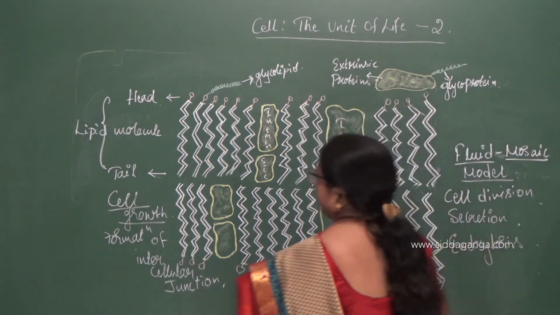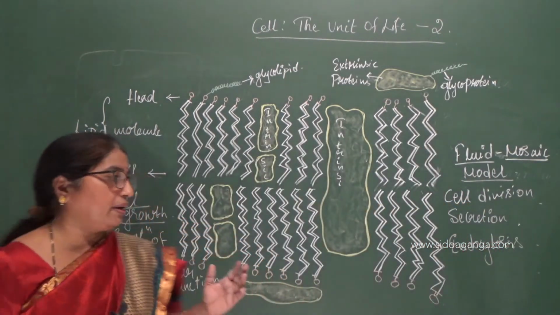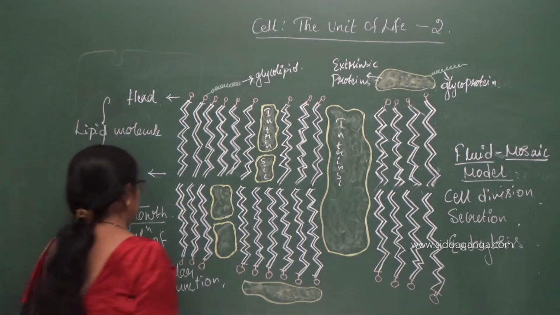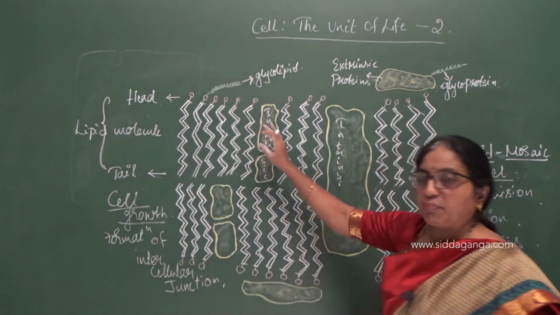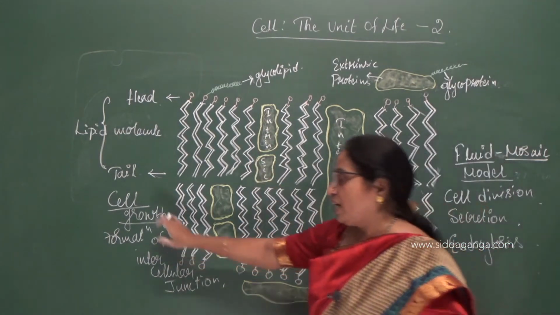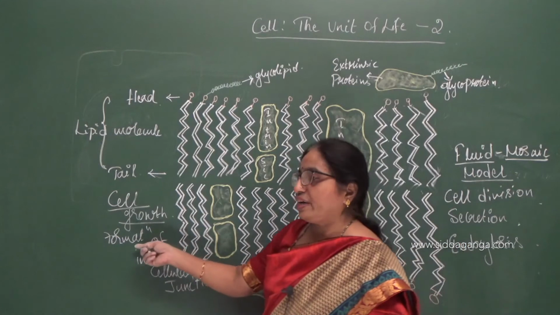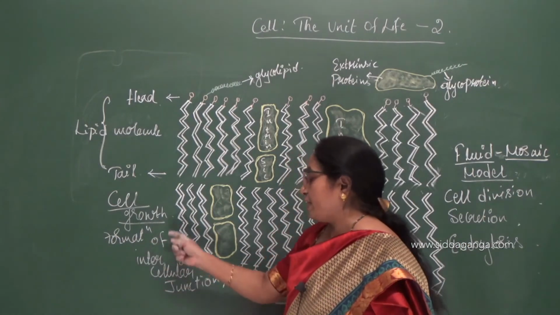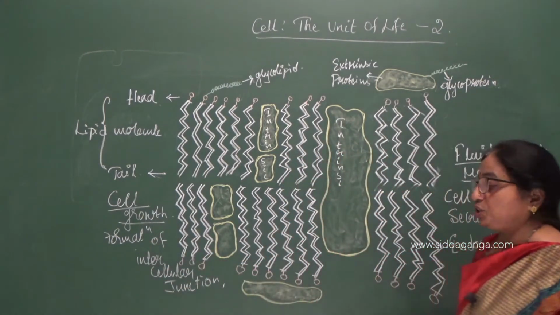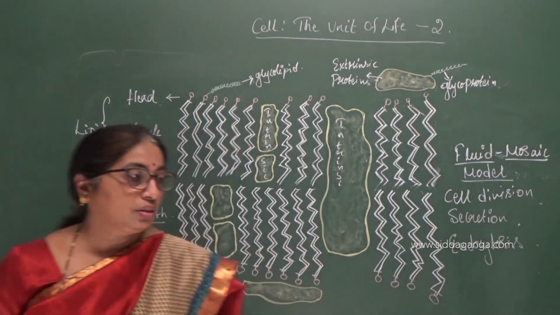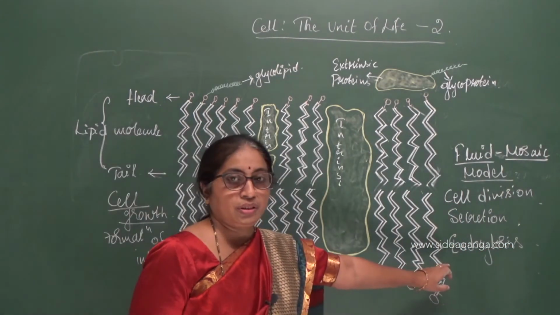So once again, the fluidity of this lipid layer makes the membrane elastic and helps in cell growth and cell division. It helps in the formation of intercellular junctions and also helps in secretion and endocytosis.